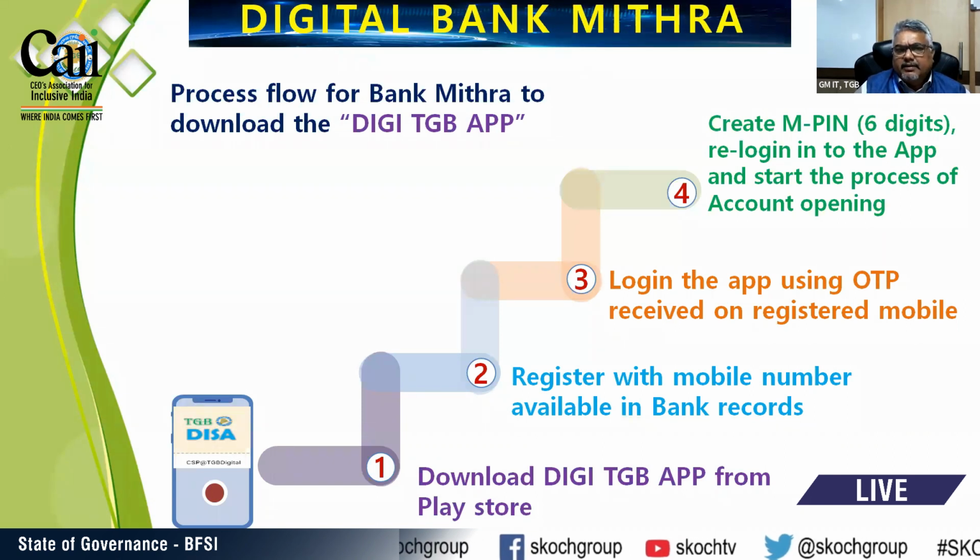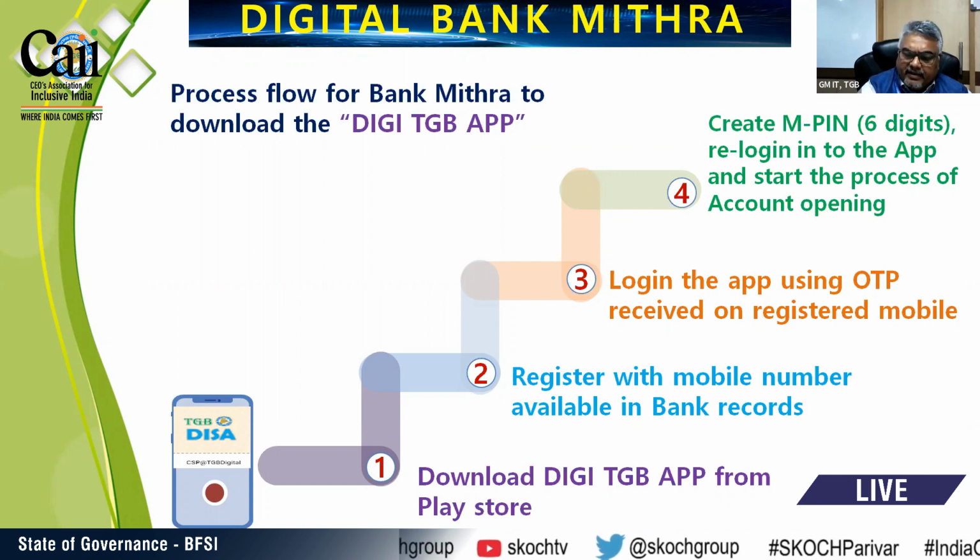So basically, the Bank Mitra has to download the Digi TGB app from Play Store, register their mobile number, log in with an OTP, and then a 6-digit PIN is available to start the account opening process.